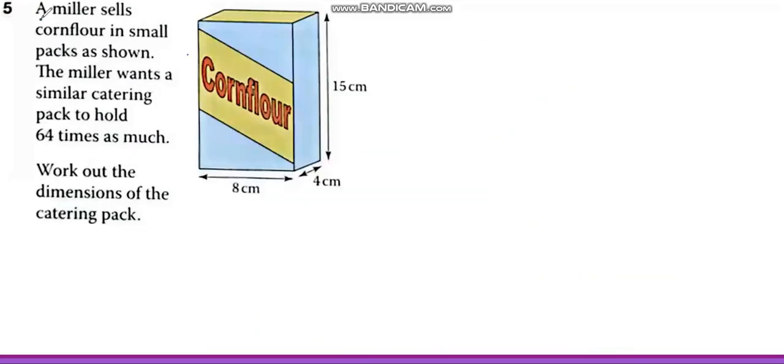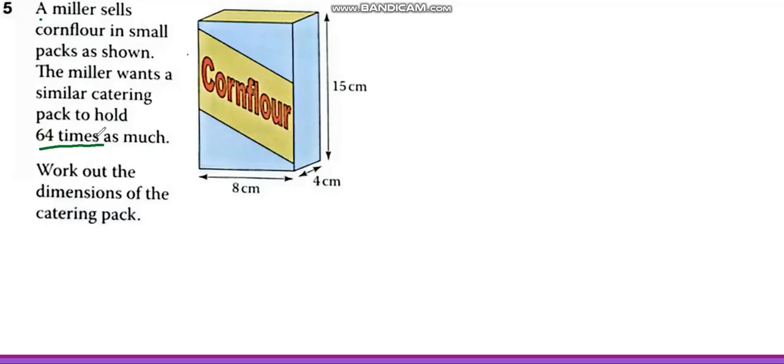In question number 5, it says a miller sells corn flour in small packs as shown. The miller wants a similar catering pack to hold 64 times as much. It means he wants to increase the capacity of the container 64 times. When you take the capacity, we are actually considering the volume.